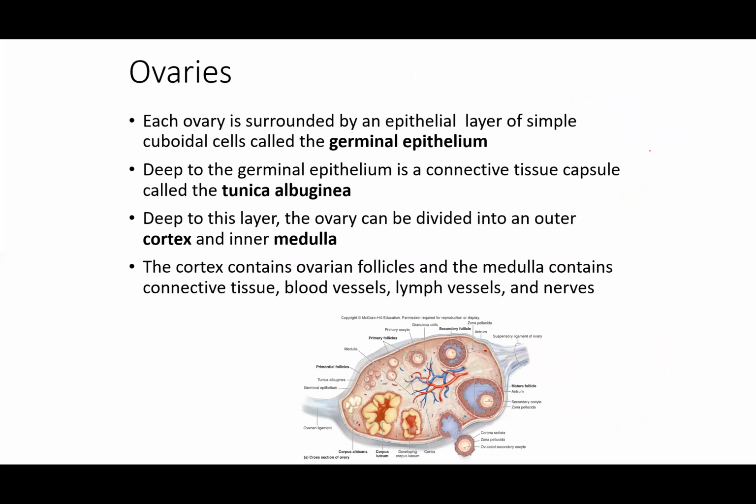The ovaries are surrounded by an epithelial layer, one cell layer thin of cuboidal cells, so simple cuboidal epithelium, called the germinal epithelium.